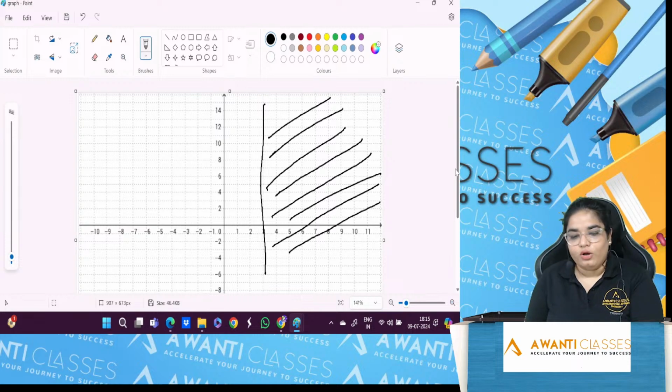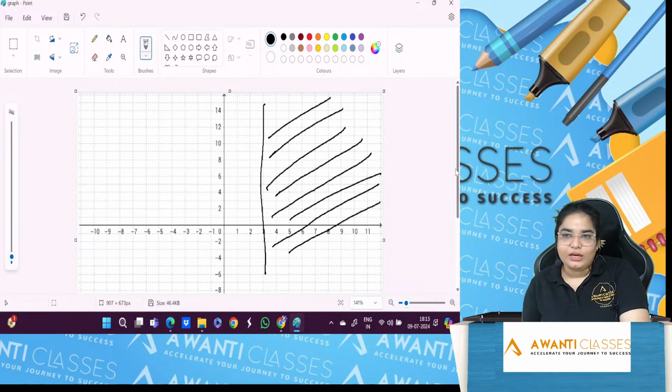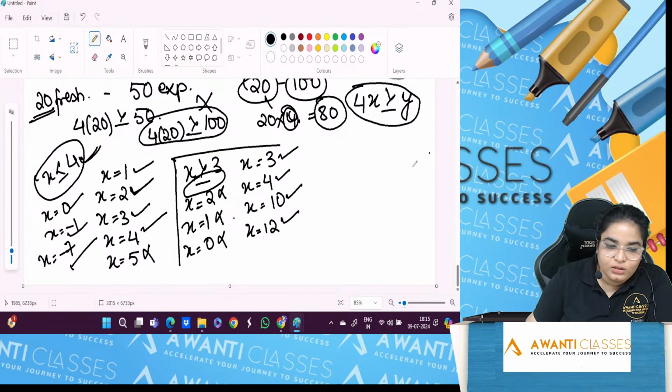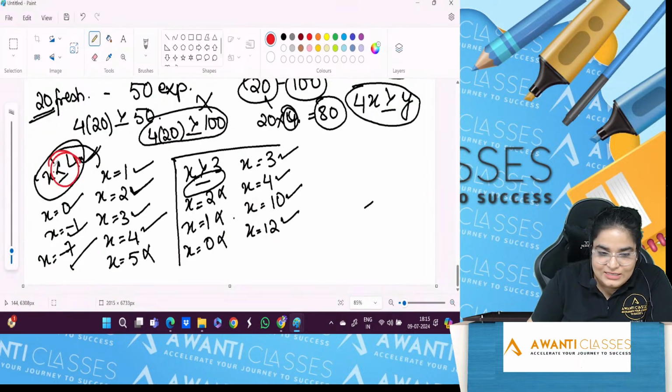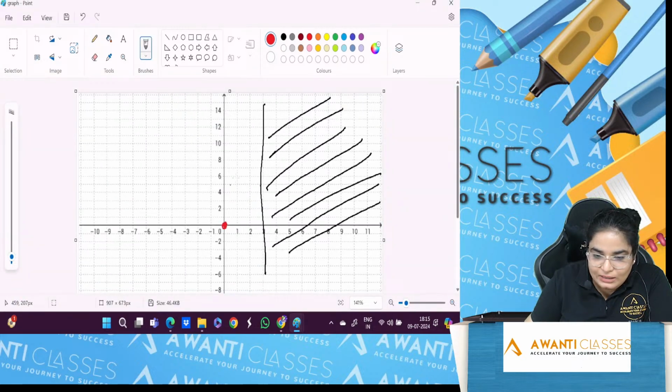Great. Now, whenever you are plotting an inequality, try to remember this. This is the origin. 0, 0 is called the origin. Whenever there is a less than sign, usually we will shade towards the origin.